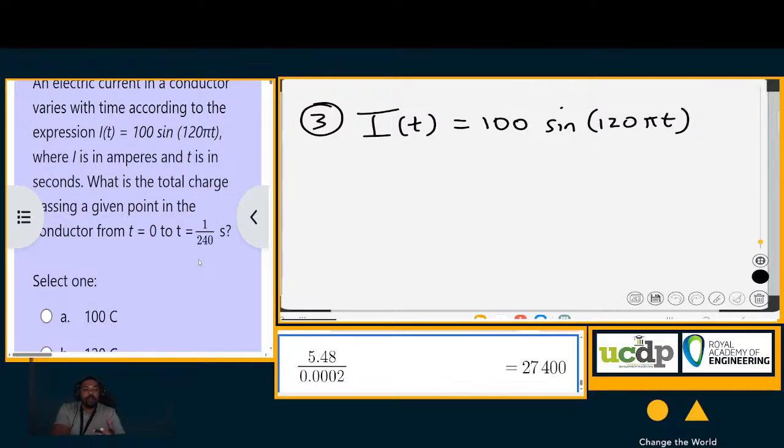It is good that they tell us this because we can't just assume that it is in SI units.